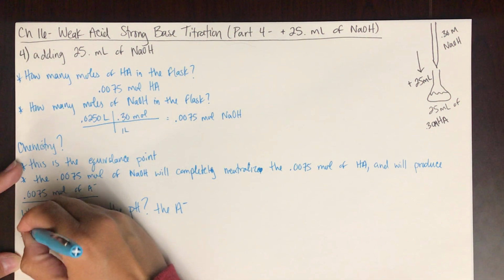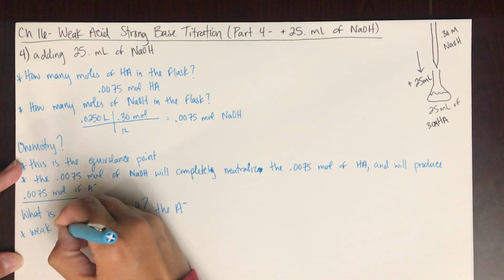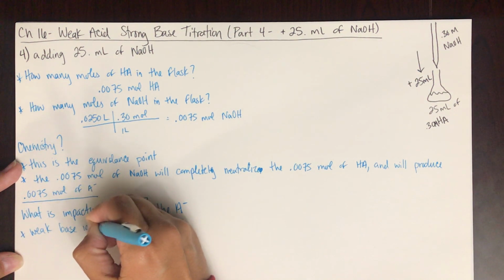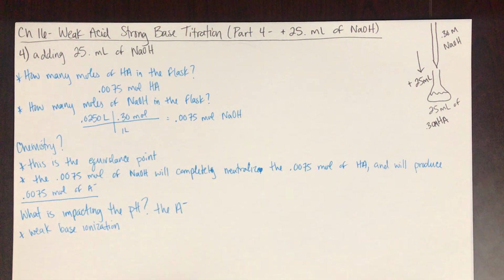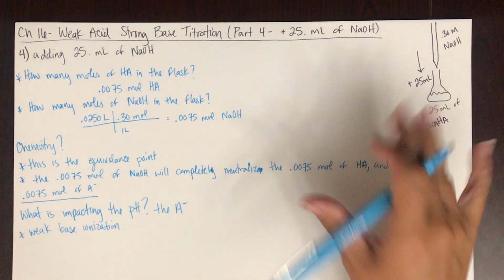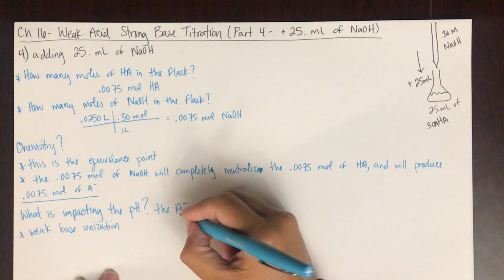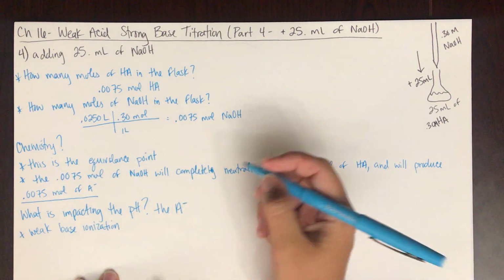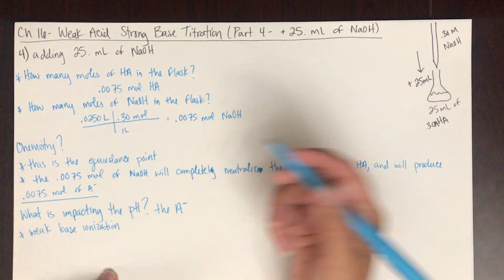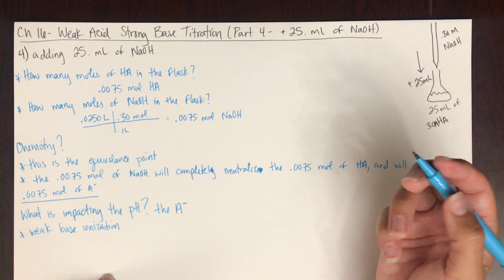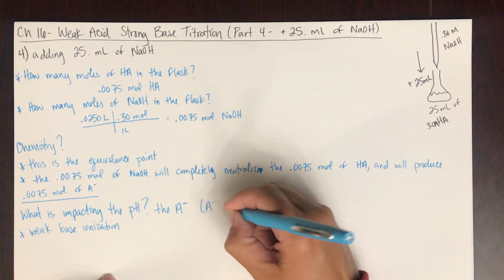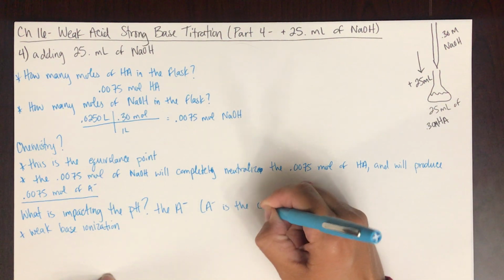Now, this is a weak base ionization. And instead of my equation here, I'm just going to use the generic equation. I'm going to call A minus, the conjugate base, B. Or I could just call it A minus. I don't mean for this to be confusing. So A minus is the conjugate base.